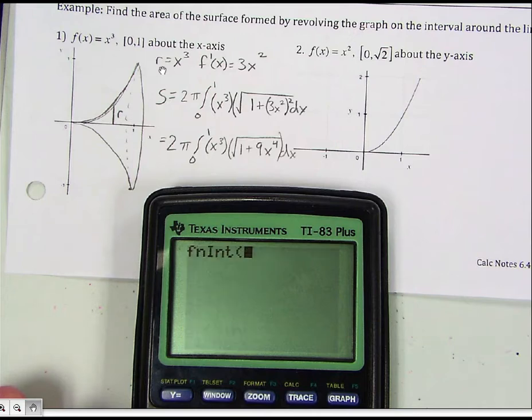So math 9 and x cubed times square root of 1 plus 9x to the 4th, comma x, comma 0, comma 1.